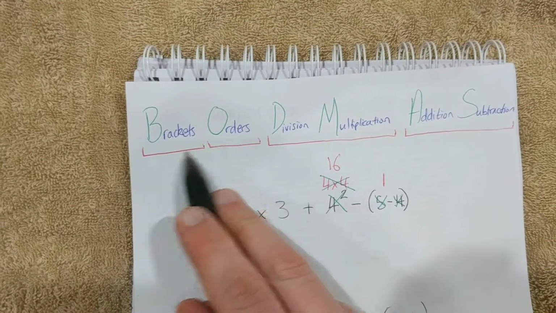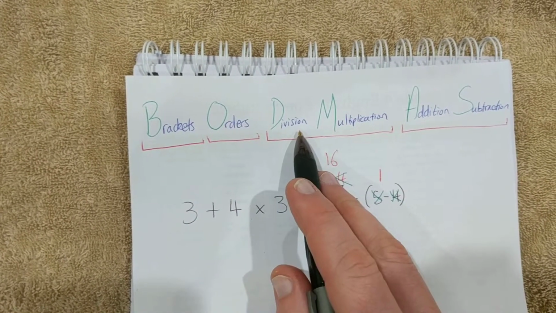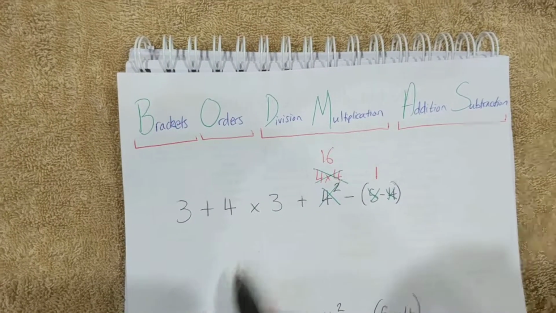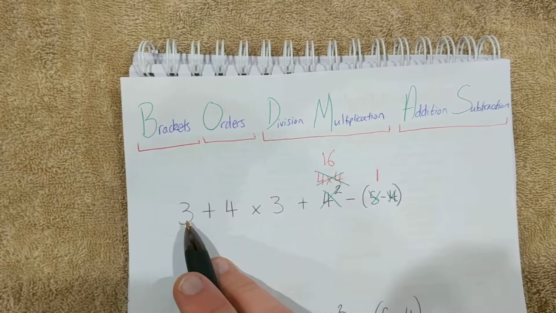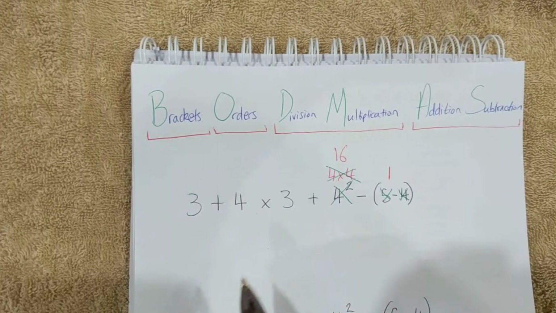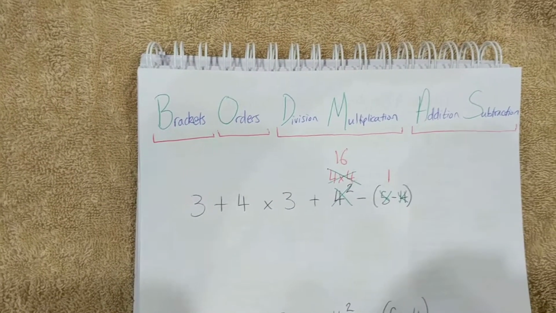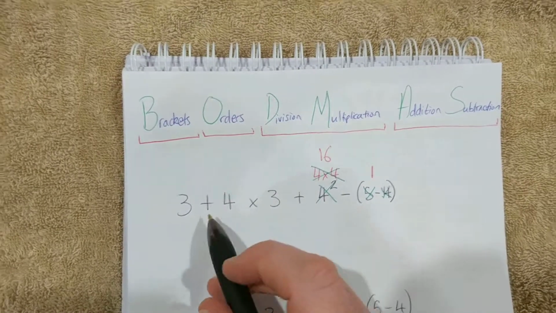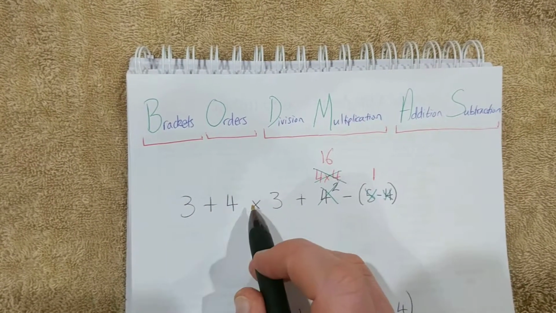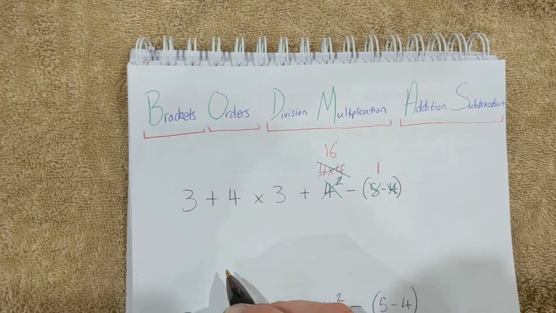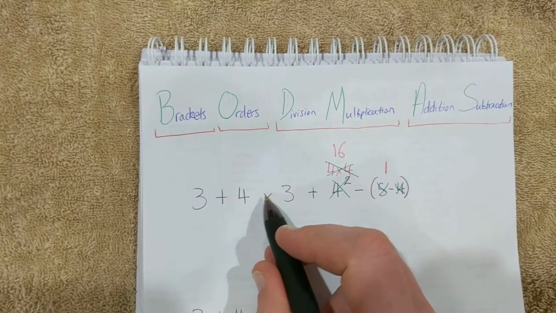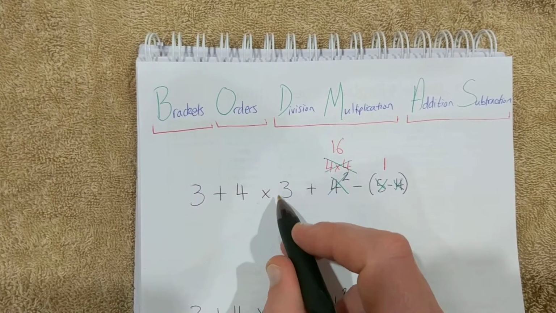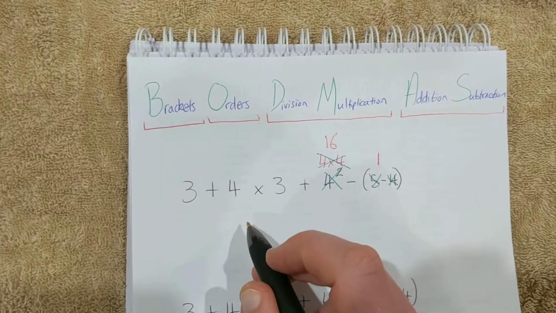Right, we've dealt with the orders and the brackets. Now moving on to any division and multiplication. I need to do that from left to right, and I only seek out the division and multiplication facts, and I leave anything else. So I can see here I've got a plus, a times, a plus, and a minus remaining. So the one I'm really focusing on then is this times table one here, this 4 times 3.